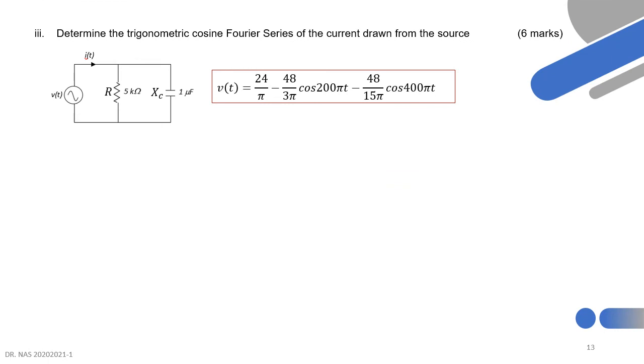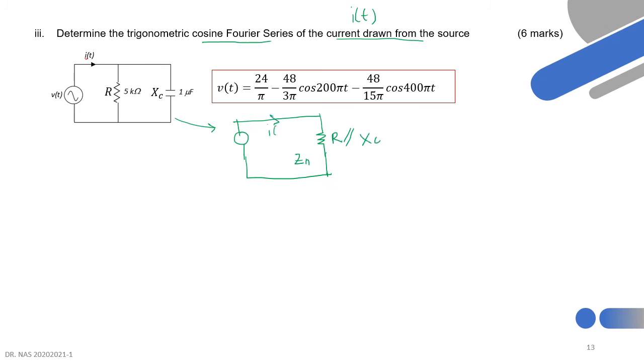Okay, next you need to determine the trigonometric cosine Fourier series for the current drawn from the source. So the current drawn from the source is IT. So from basic circuit theory, you can represent this circuit into this. So you have the total impedance Zn, in which this is when R in parallel with XC.